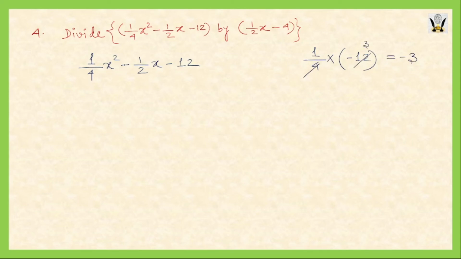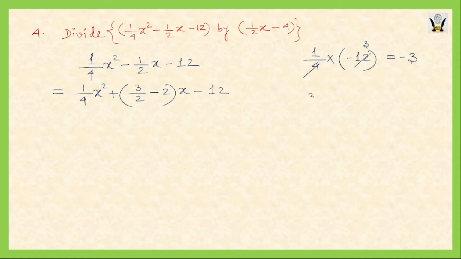So this term, minus half, will be expressed as a summation of two other terms in such a way that the summation of their coefficients will be minus half and the multiplication of their coefficients will be minus 3. So 1 by 4 x square, then this minus half can be represented as 3 by 2 and then minus 2, and then x and then minus 12.